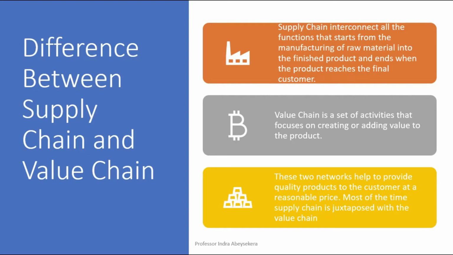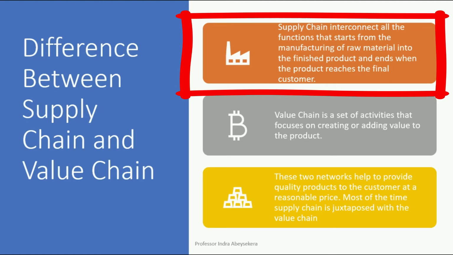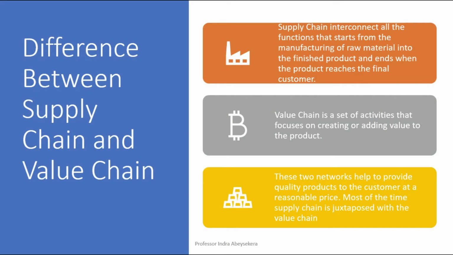So there's difference between supply chain and value chain. Supply chain interconnects all the functions starting from manufacturing of raw material to finished products and it reaching the final customer and satisfying the customer.